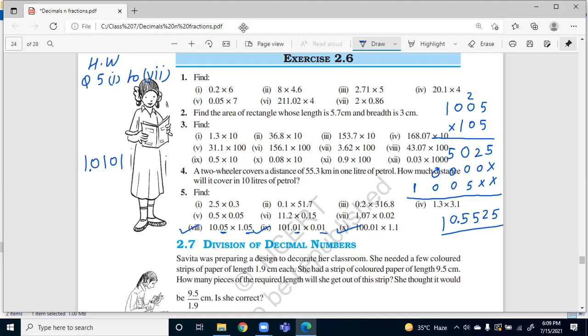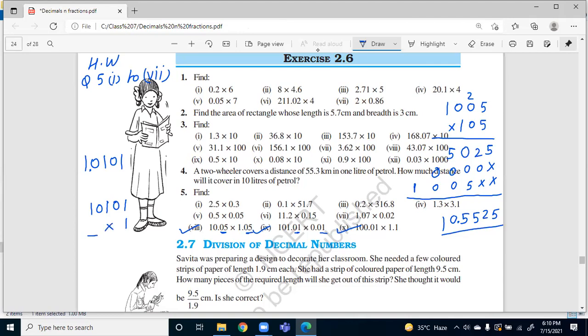So don't write 001. 001 means 1. Understand, Garima? Please look at the screen. I am telling you how to do this question. If I remove the decimal, then it is 10101, and if I remove this decimal, then it is 1 only.